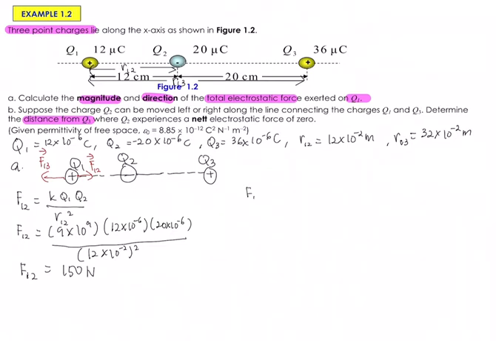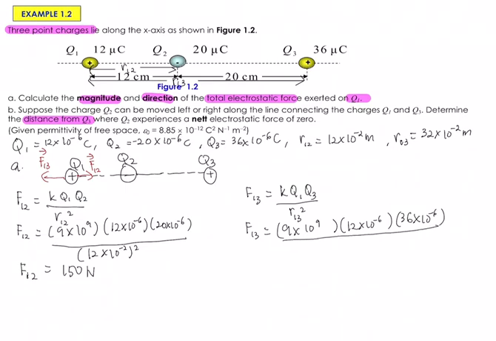Next, F13 equals K Q1 Q3 over R13 squared, which is 9 times 10 power of 9, Q1 12 micro, Q3 36 micro, divided by R13, which is 32 cm, squared. F13 will be 38 newtons.